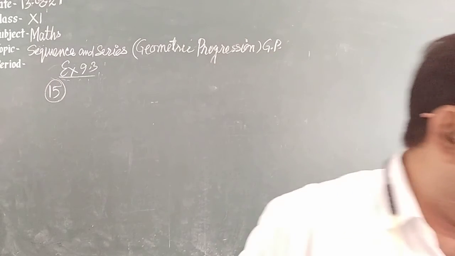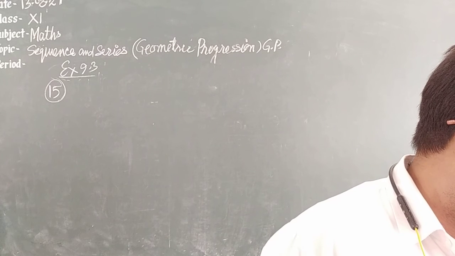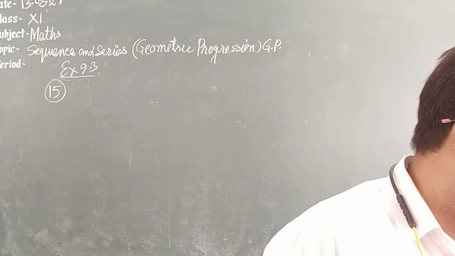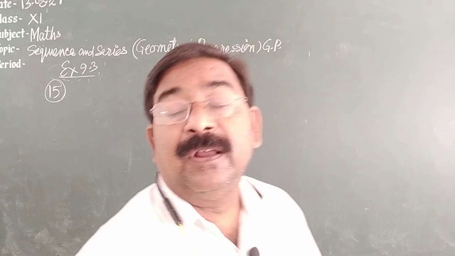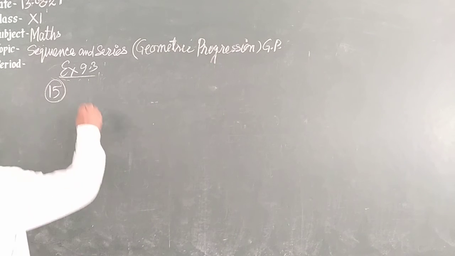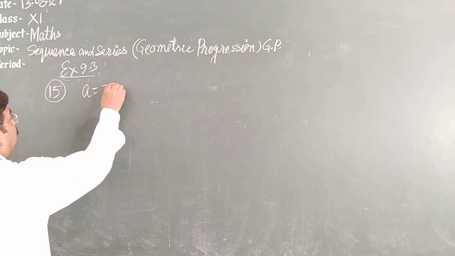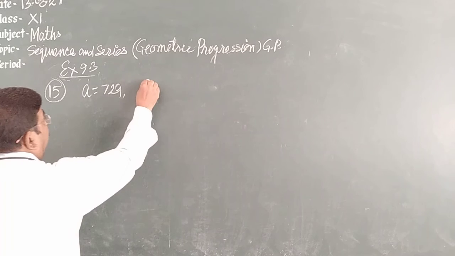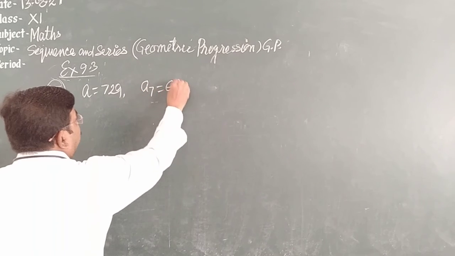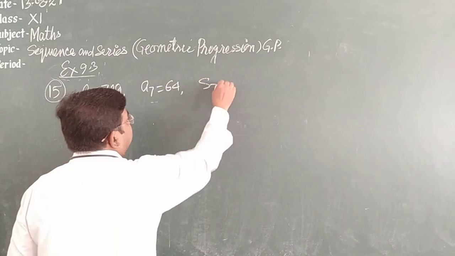In a GP, A is equal to 729 and the 7th term is 64, find S7. A is equal to 729 and A7 is equal to 64, we have to find S7.